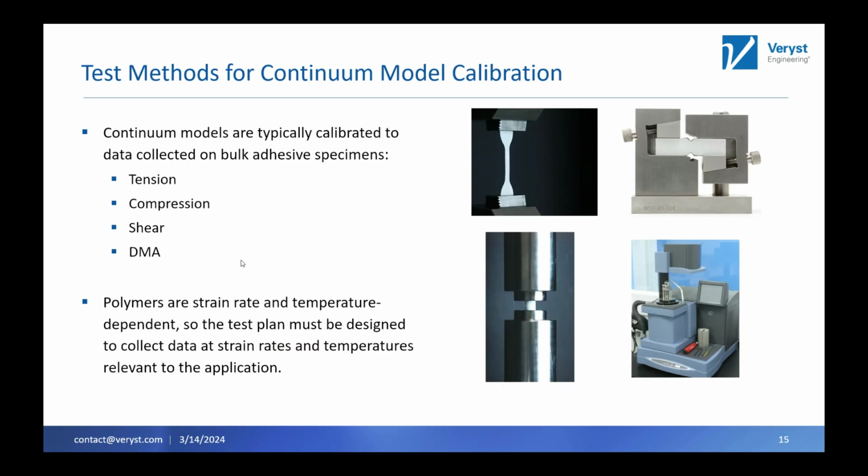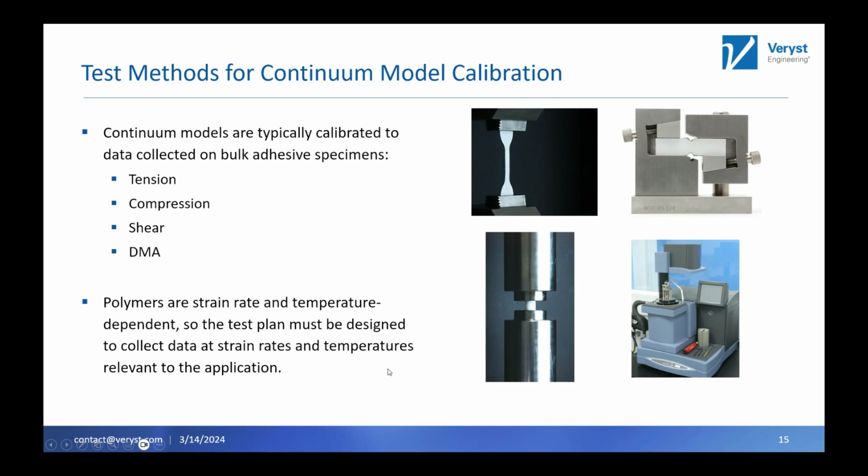So how do we actually do these types of tests to get these continuum material models that we use in finite element simulations? Typically we're looking at data collected on bulk adhesive specimens. So things like tension, compression, maybe some shear, you can see up in the right corner over here, as well as a DMA, or dynamic mechanical analysis.